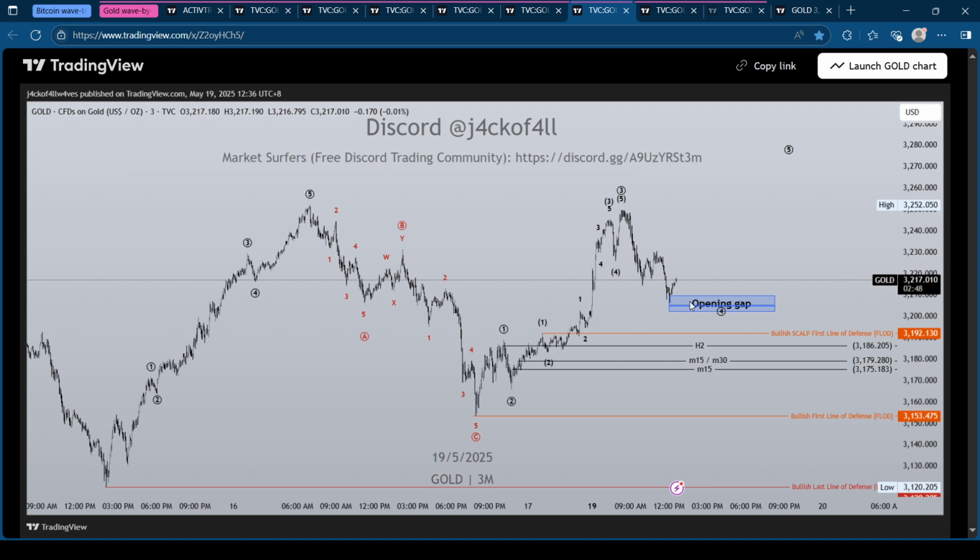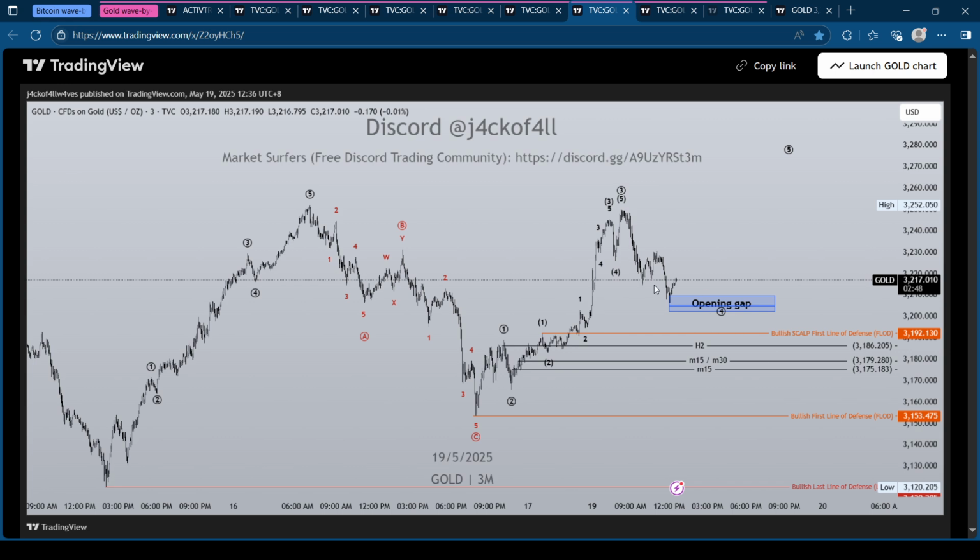From this, when the market opened last Monday, it created a new week opening gap, or in ICT they call it the NWOG, or the new week opening gap. Once there is a gap, most of the time those gaps will be filled before continuing the trend or reversing the trend.